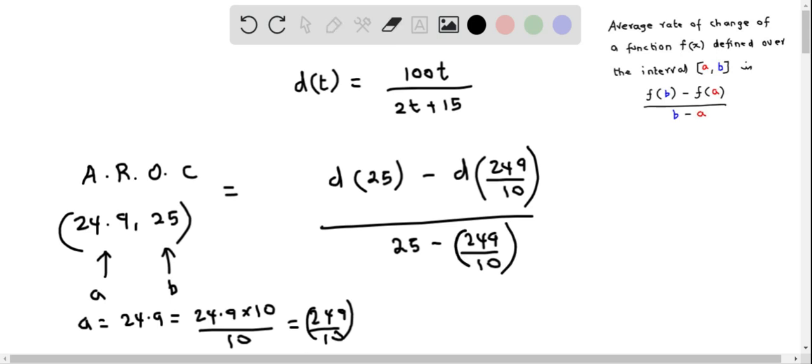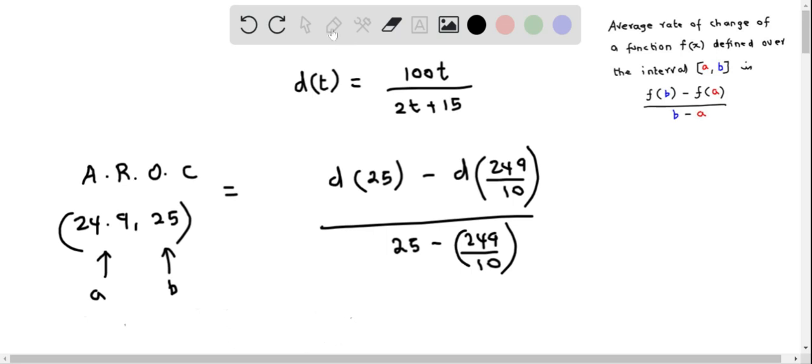So let's simplify this. I'm just removing this for some space. And so this equals, let's find d of 25. We have to replace t by 25. So we get 100 times 25, and this is over 2 times 25 plus 15.